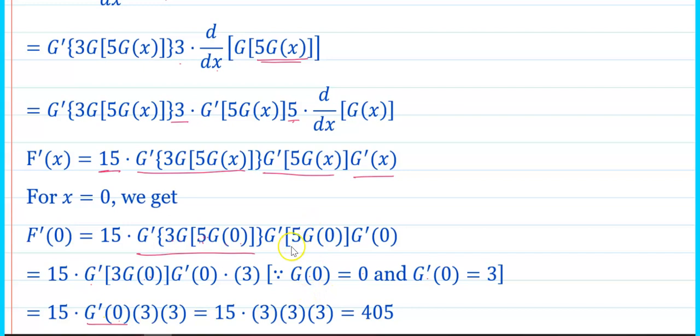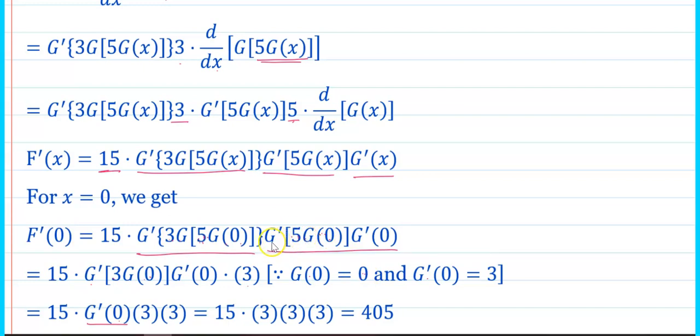Okay. What about here? g dash of 5 g of 0 into g dash of 0. We know the value of this g dash of 0. g dash of 0 is 3. Here it is 3. g of 0, how much does it come? It is 0. 0 into 5 you will get 0.